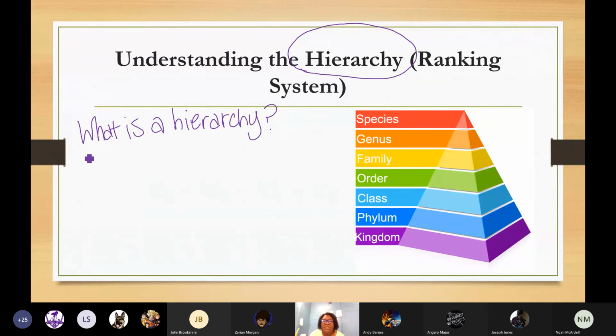It's important for us to understand that the hierarchy is a ranking system. So you're able to see here, we want to make sure we don't forget domain.